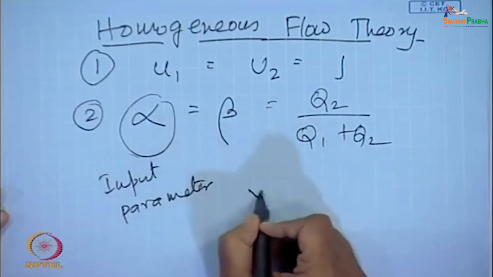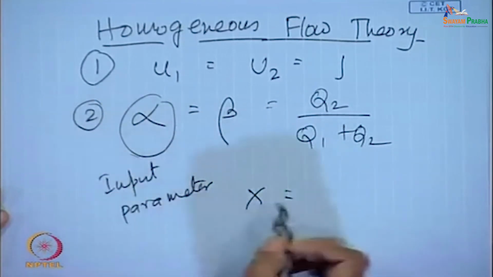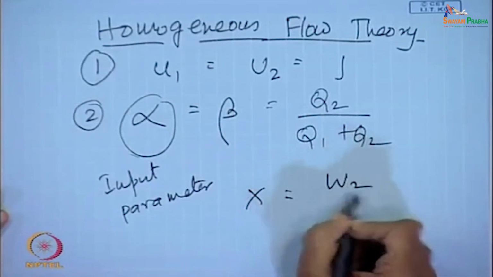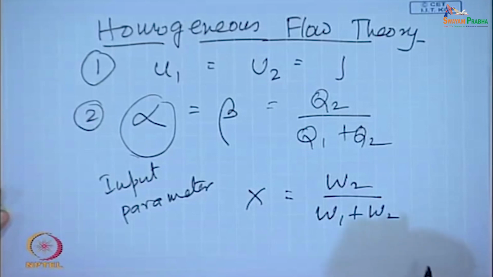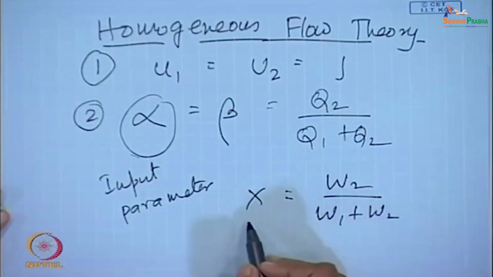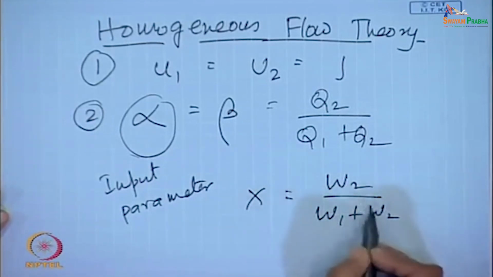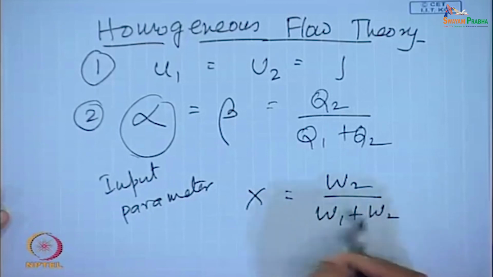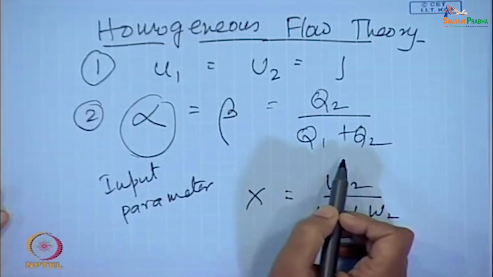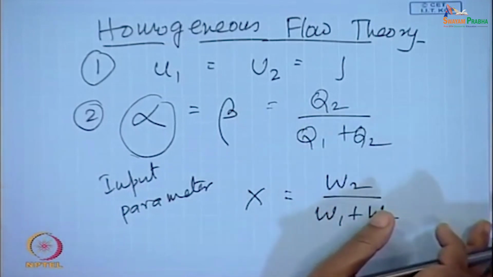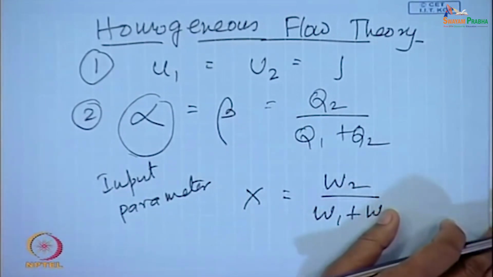So in this particular case, just for recapitulation, suppose there is evaporation, condensation or boiling, then we can obtain the quality from the inlet mass fraction, and the void fraction from the inlet volumetric flow rate. And finally, the third assumption is simply attainment of thermodynamic equilibrium between the phases.